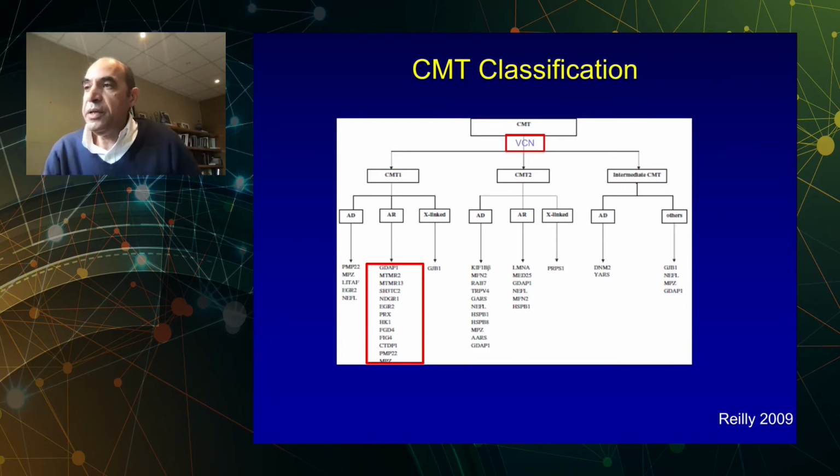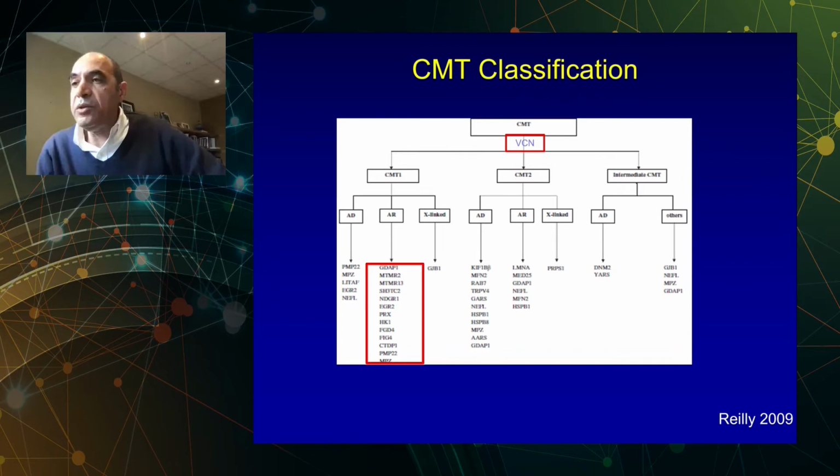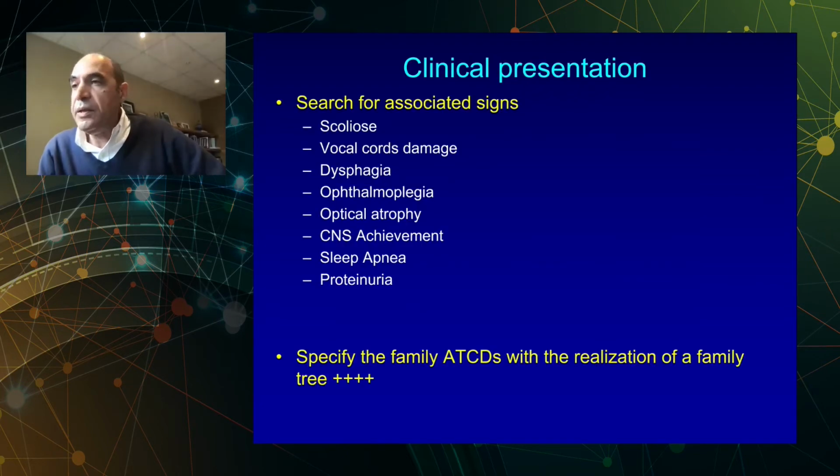For example, here, as you can see, by nerve conduction velocity, we determine, as I told you, the major families 1A, 1 and 2. After that the heredity allows us to distinguish different kinds of transmission, and therefore, in function of distinct transmissions, to target the genes and do the diagnosis.